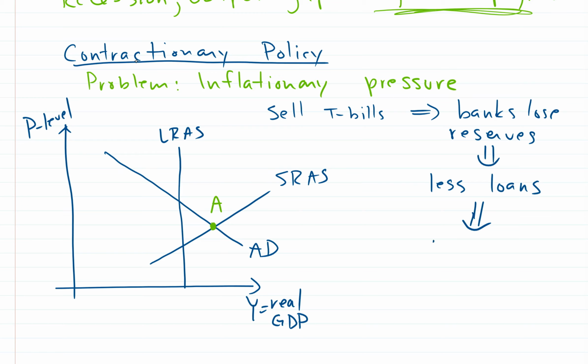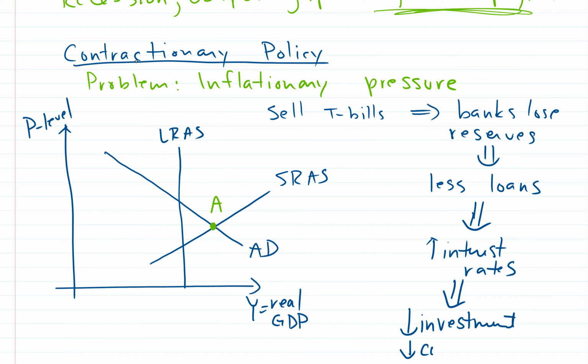So fewer loans is going to increase interest rates. And when you have increased interest rates, then you're going to get a reduction of investment spending. And you're also going to get some reduction of consumption if people consume through borrowing. In the US economy, again, that's a quite important part of consumption spending. So this is decreasing the aggregate demand.